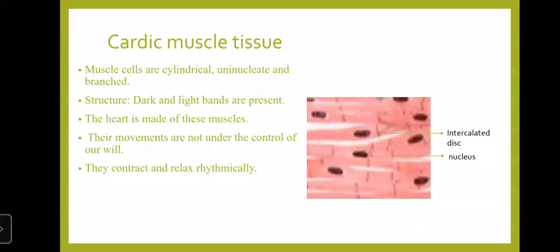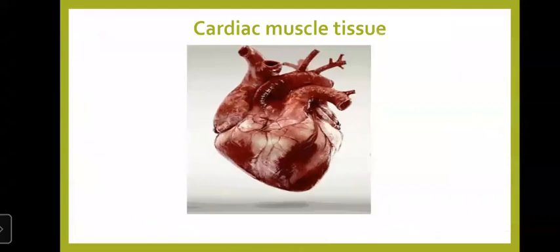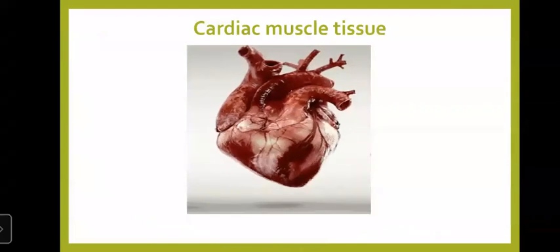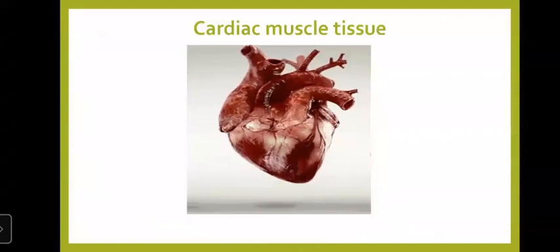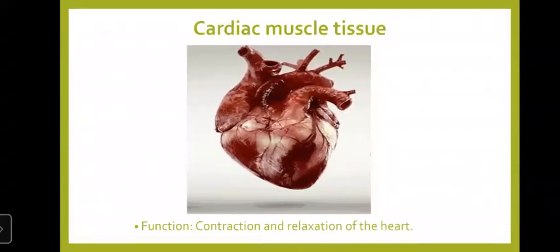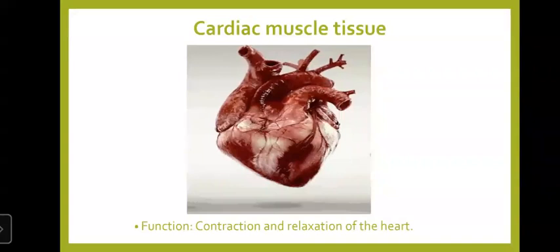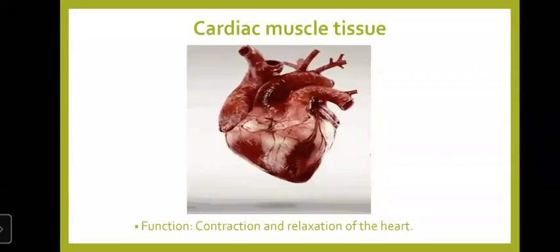That is due to contraction and relaxation of the heart or the cardiac muscles. So this is how your heart beats because of the cardiac muscle. Remember, movement of the cardiac muscle is not under our control. So it is involuntary, and the function of the cardiac muscle is contraction and relaxation of the heart.